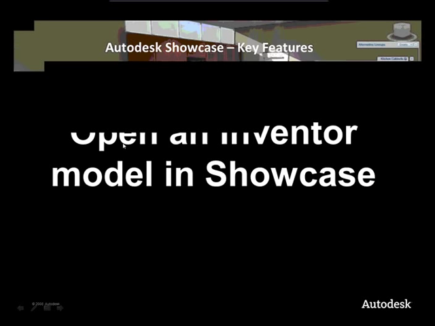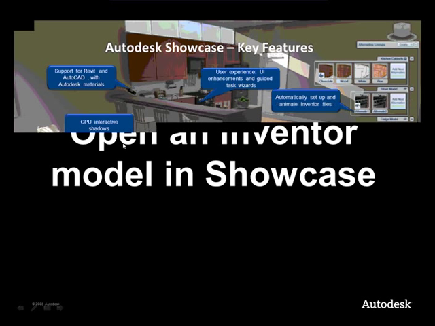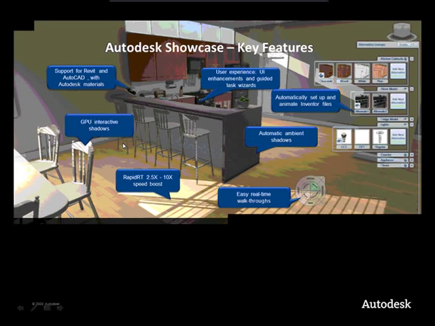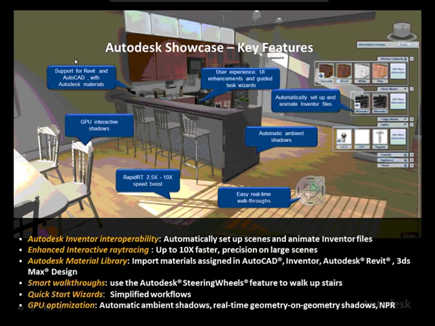Okay, so new in the Showcase that's available at the moment is the fact that yes, we can support Revit and AutoCAD with Autodesk materials coming through to the Showcase software. We've got the graphical processor enables us to have interactive shadows on our 3D renders. They've increased the speed of the software.